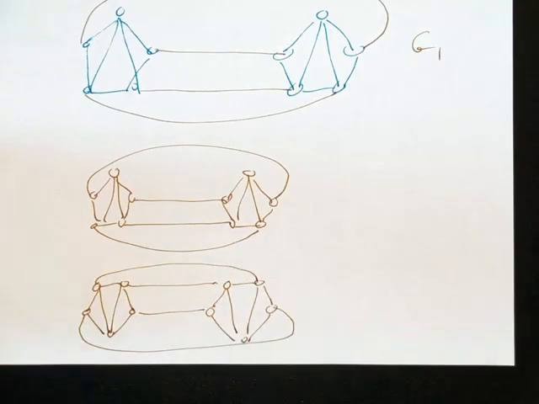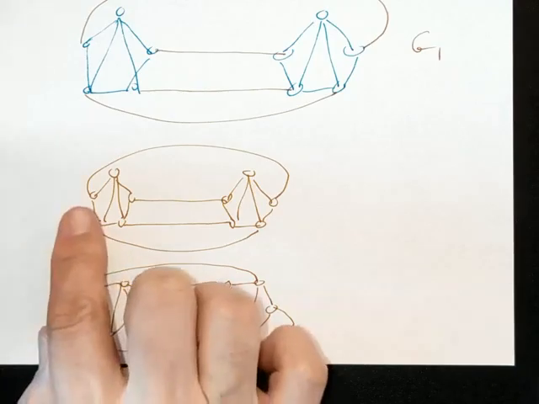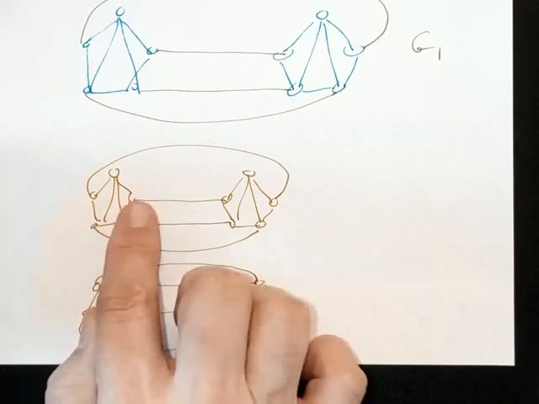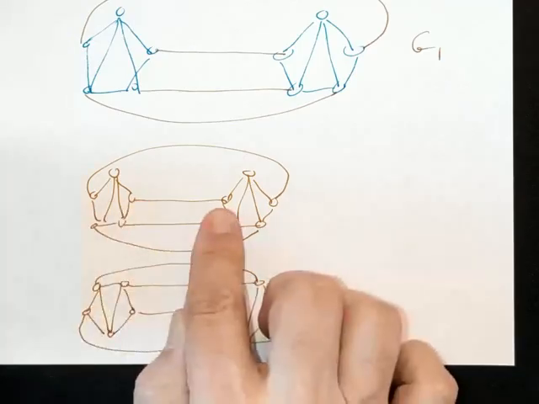What vertices down there are not degree 4? What are my degree 3 vertices? Here. 1, 2, 3, 4.